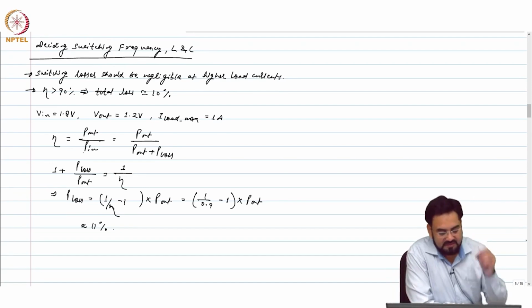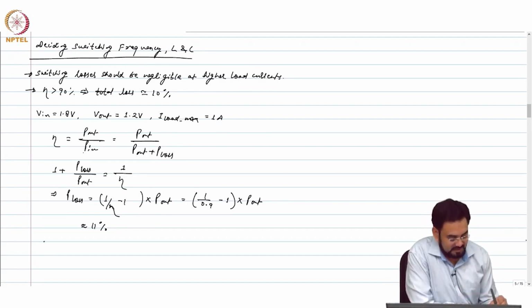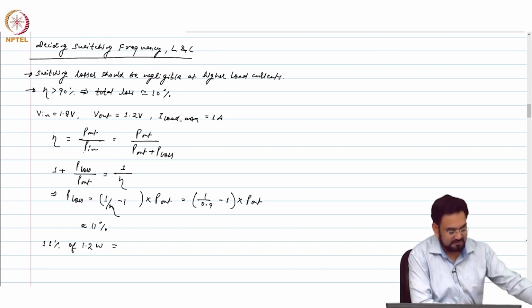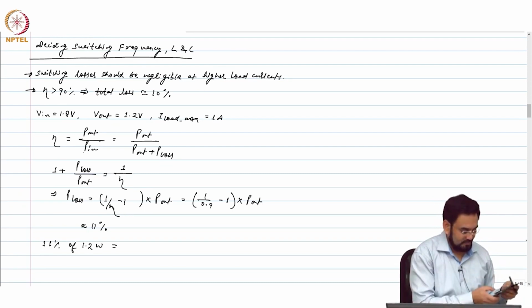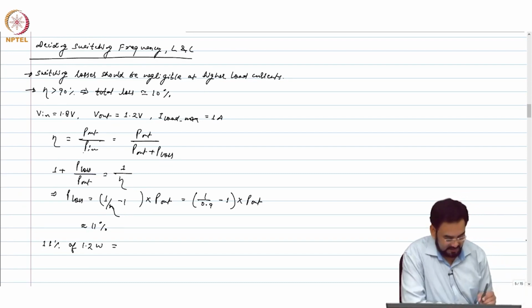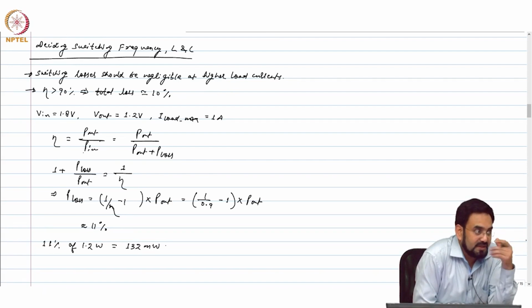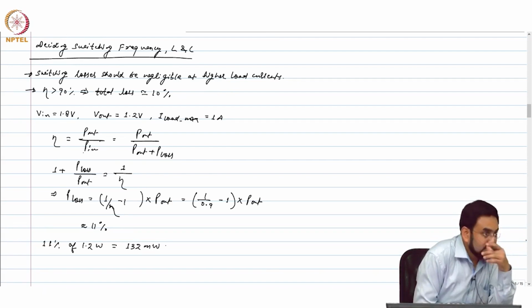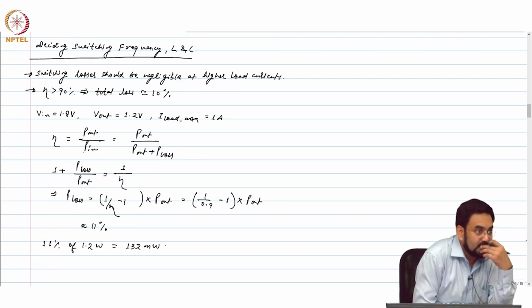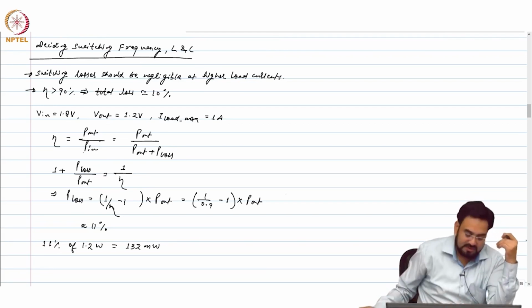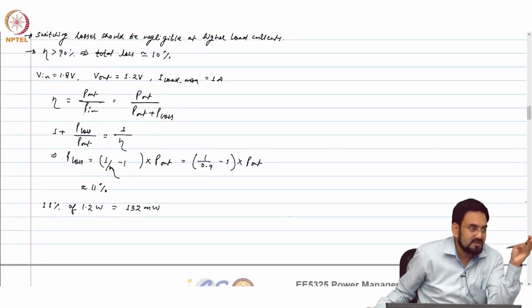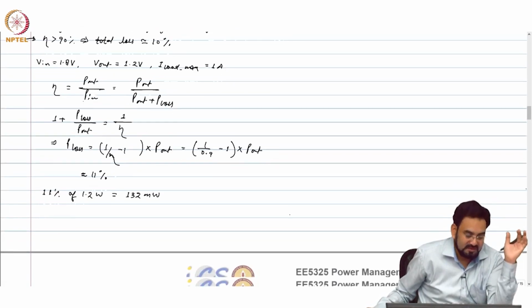So 11% of your 1.2 watt, how much? 132 milliwatt. So this is the total loss you can incur in your converter. And this should include all conduction losses, switching losses, your quiescent loss, everything.